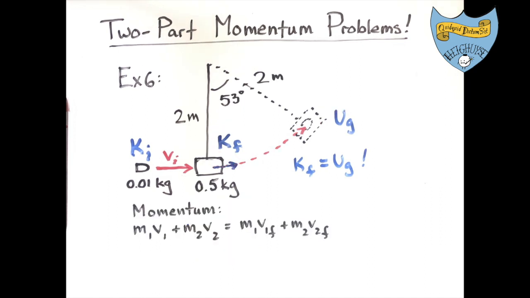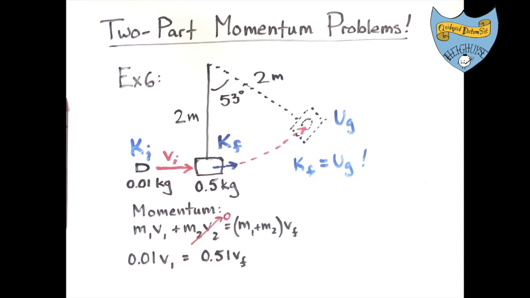So I've written down the equation for conservation of momentum. I'm going to start plugging stuff into it, like, oh, the pendulum arm is initially stationary. Also, the final velocities of the two objects are the same because they stuck together. So therefore the equation simplifies to this. And I can plug in my numbers, like the mass of the bullet and the mass of the pendulum arm.